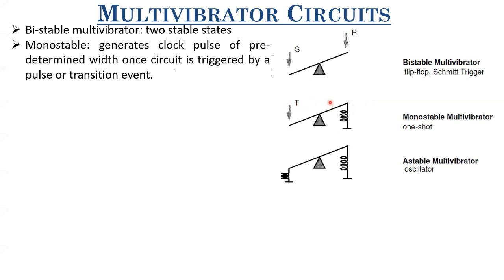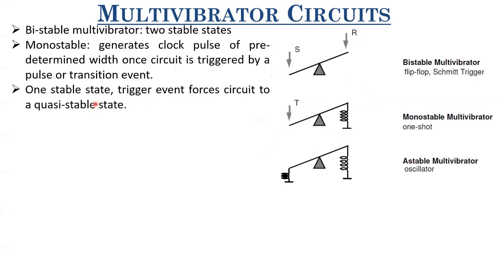So the moment you trigger this circuit with an external input or with any transition event, the system goes from the stable state to the quasi-stable state and eventually returns back. The time it takes to return to its initial stable position is generally the clock pulse width which you have generated using this monostable or one-shot circuit.